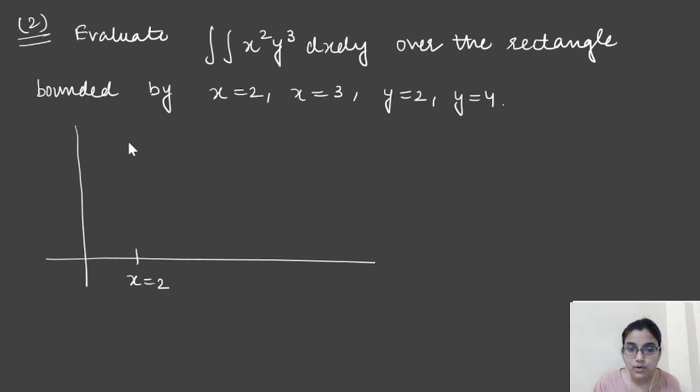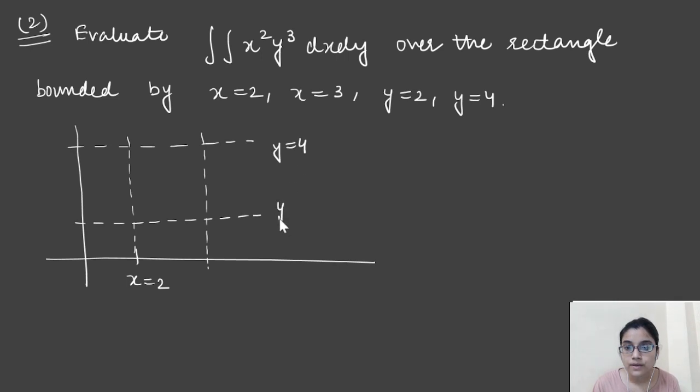So obviously we are getting this as our domain. This is going to be our rectangle. Let's just highlight this.